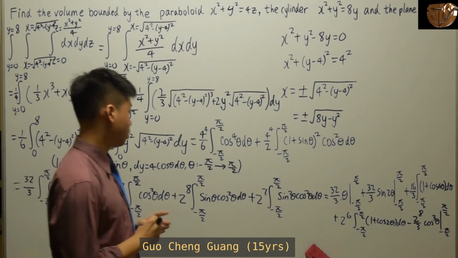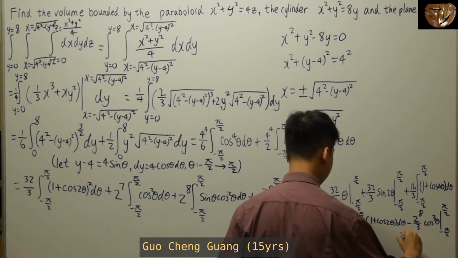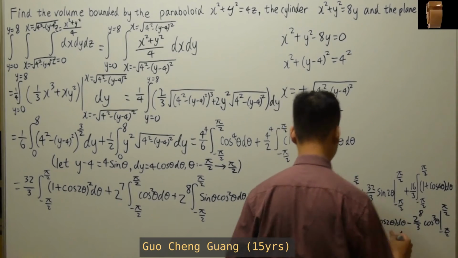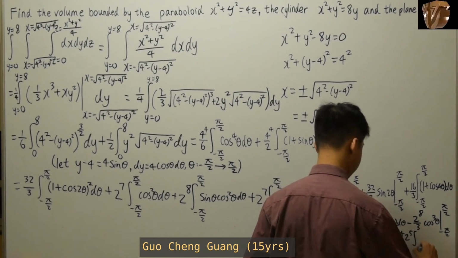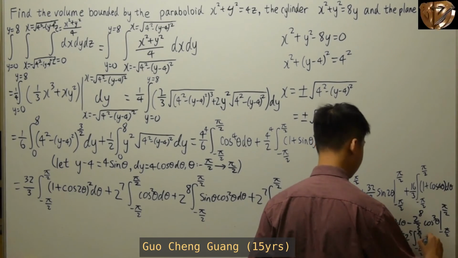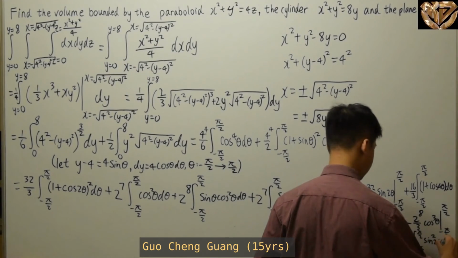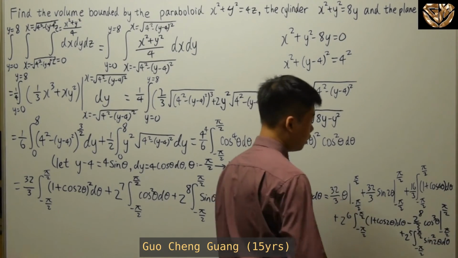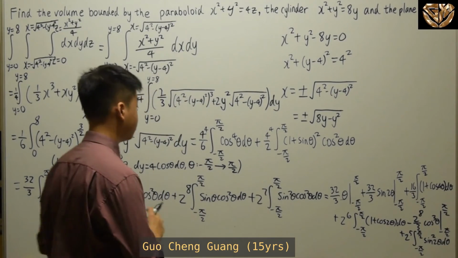So in this part, what you can do is make it become add on 2 to the power of 5 integrate from negative half pi to half pi sine square 2 theta d theta, which afterwards you change into a double angle formula for cosine.